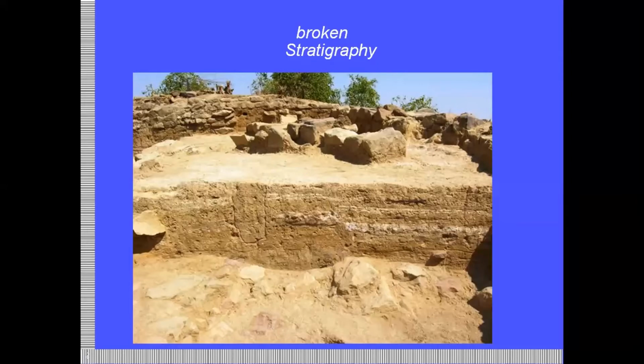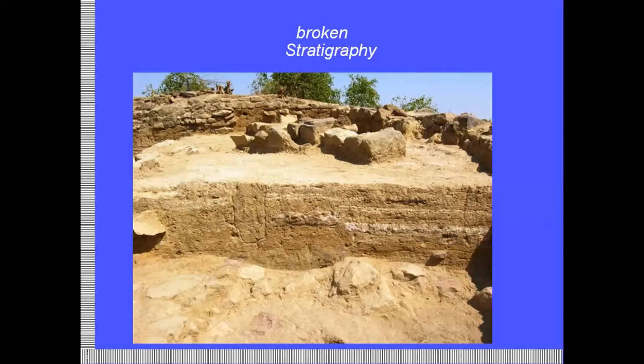The fort wall is not on the cardinal direction. Also, we were thinking that they did not know mathematics. The outer dimension is 113 by 116 meter, and the inner part is 78 by 72 meter. We were thinking that they did not know measurement, but actually there is a lot of problem in the wall. The wall has moved from its original position.